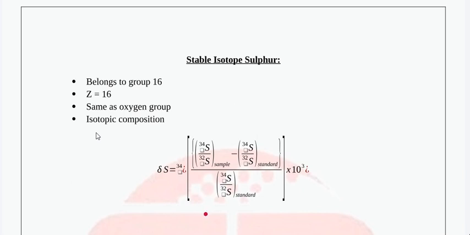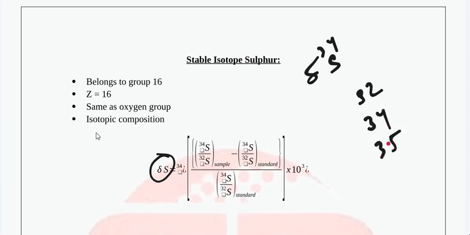The fractionation equation, the del S34 value. Sulfur has 5 isotopes: 32, 34, 35, 36, 37.